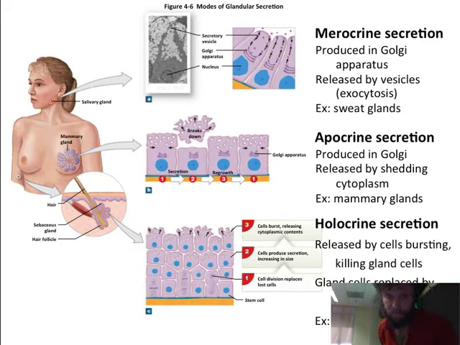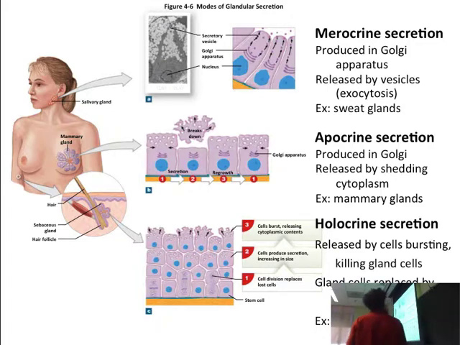So the mechanistic distinction between merocrine, apocrine, and holocrine is in how radical a process these cells go through to disgorge their cellular products. So the first is the most gentle.